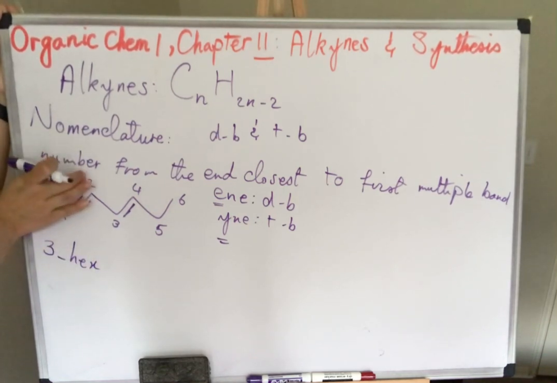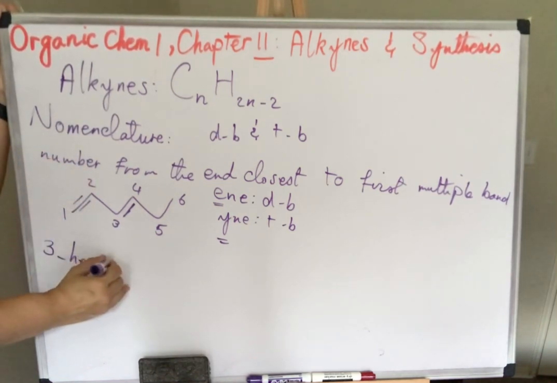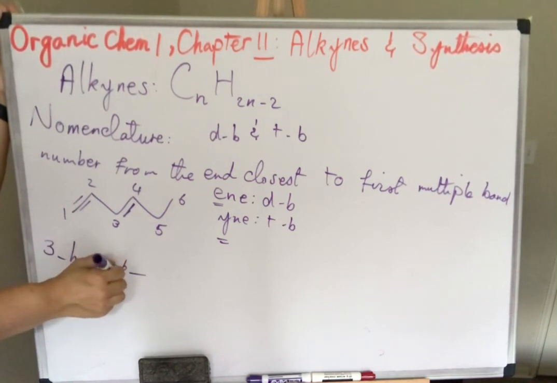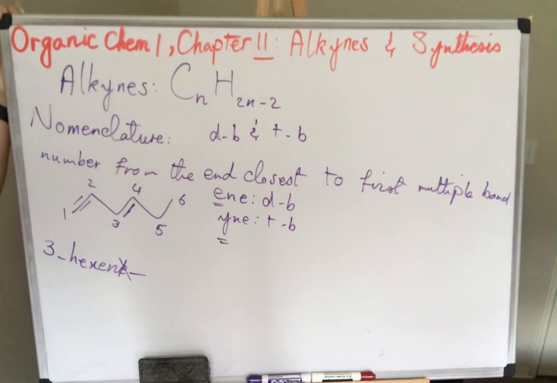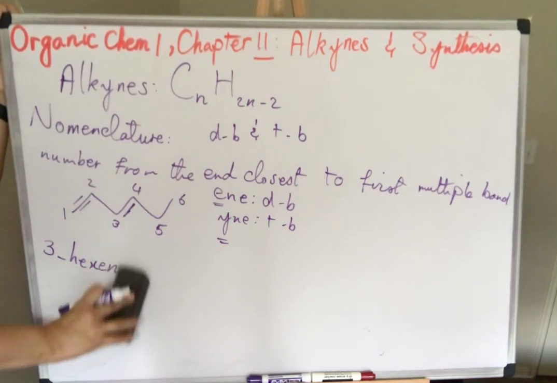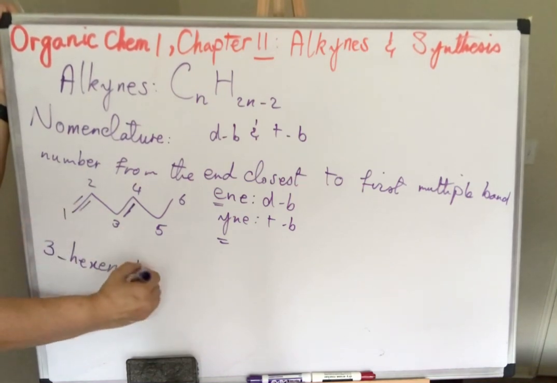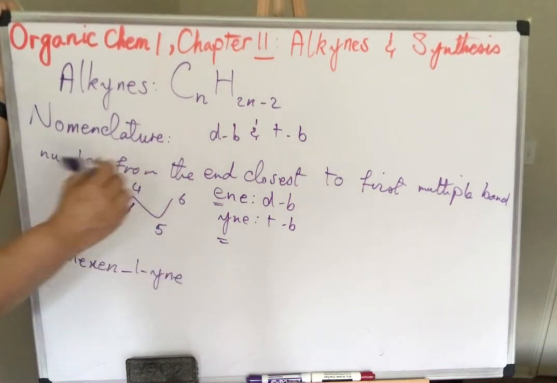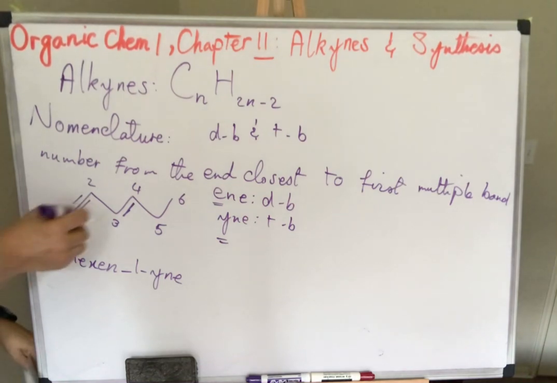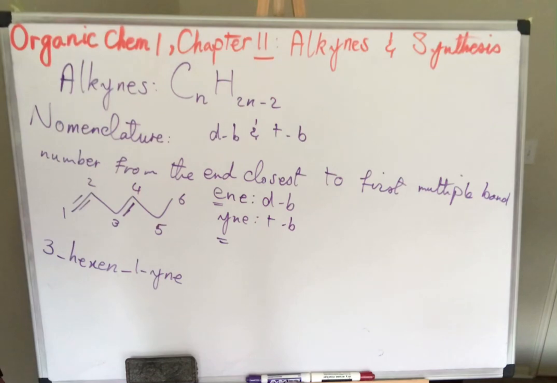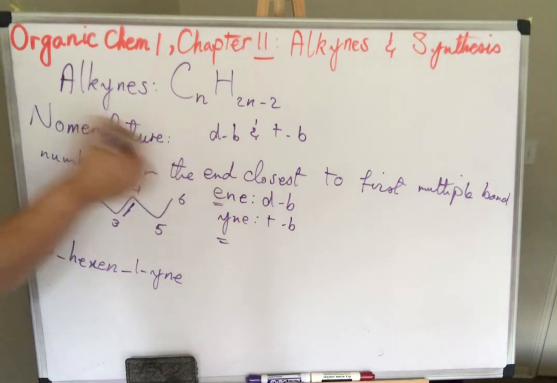If you did not have a triple bond, it would be hexene. But since you are going to continue, eliminate the E. So it's 3-hexen-1-yne. So it seems like your double bond is carrying most of the name, and that's true. Double bond has priority over triple bond because of its alphabetical order.